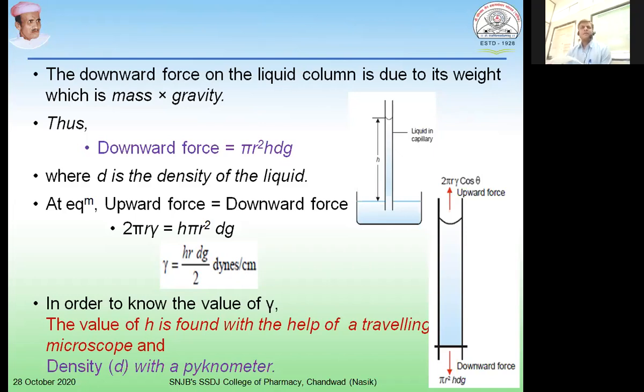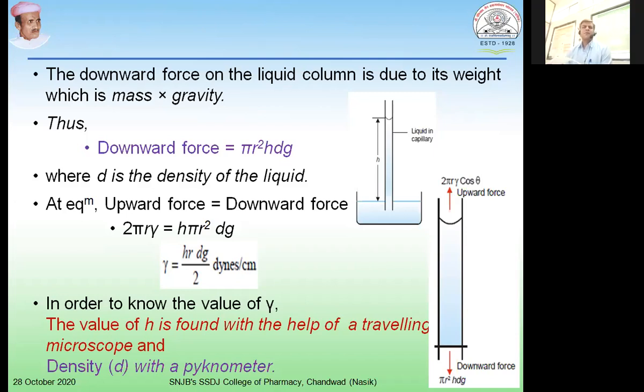The density of the liquid can be determined with a pycnometer. r is the radius of the capillary used in the capillary rise method, and g is the acceleration due to gravity. By knowing the height, density, radius of the capillary and gravity, and putting them into the equation, we can determine the surface tension of a given liquid.